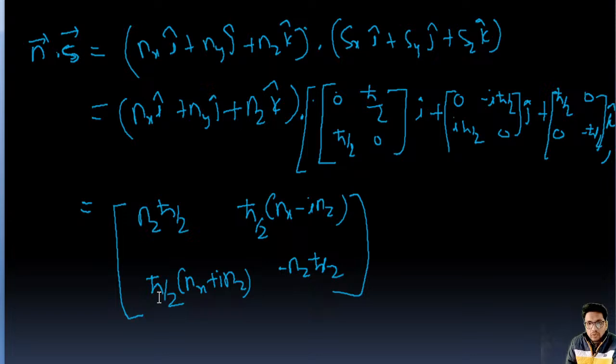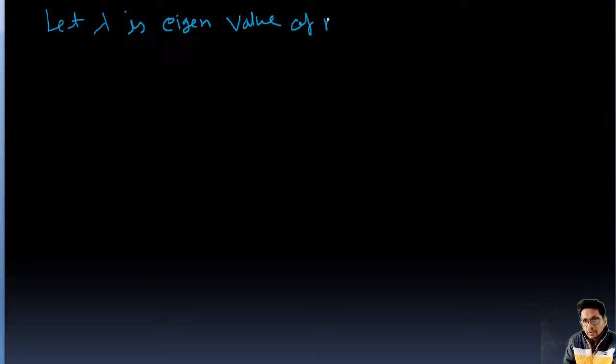Now let lambda be the eigenvalue of this matrix, the eigenvalue of n dot s spin, right? So then we know how to find the eigenvalue.